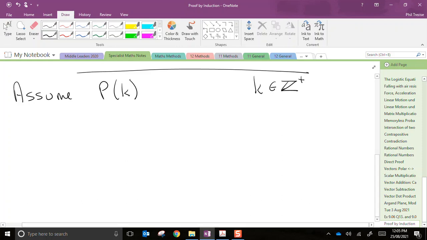K is some positive number. Now, I will write this explicitly. In other words, the proposition would be the sum from i equals 1 to k of 2i minus 1 equals k squared. And I will need to refer back to that, so I'll put a little note there.